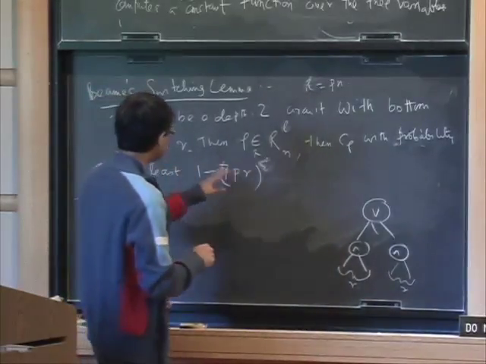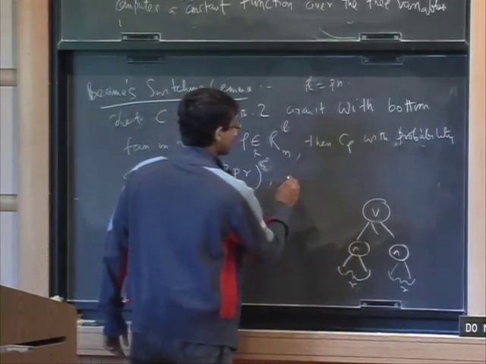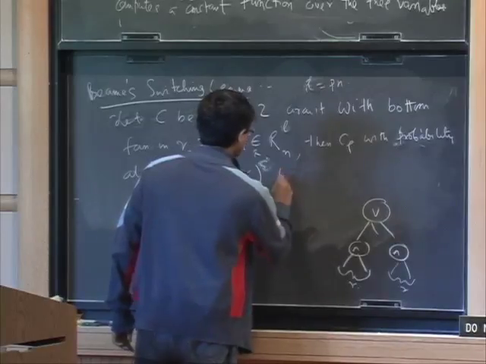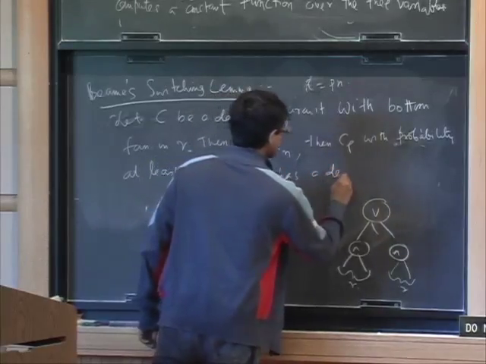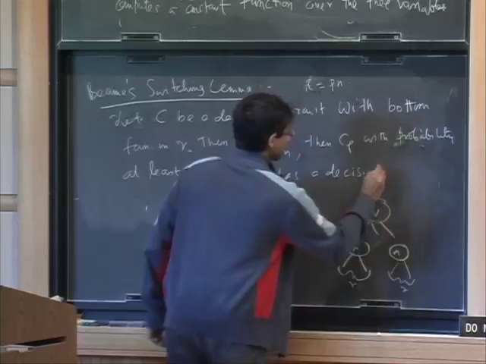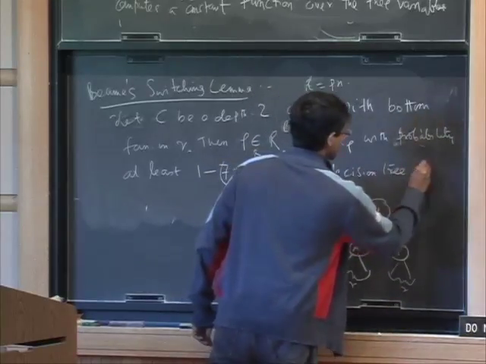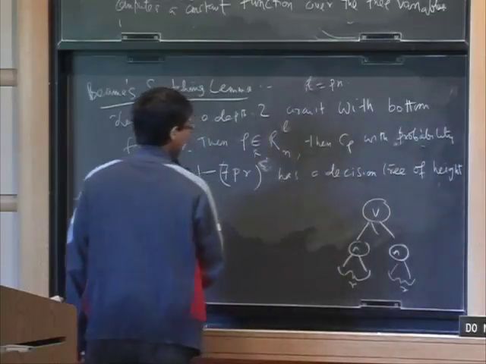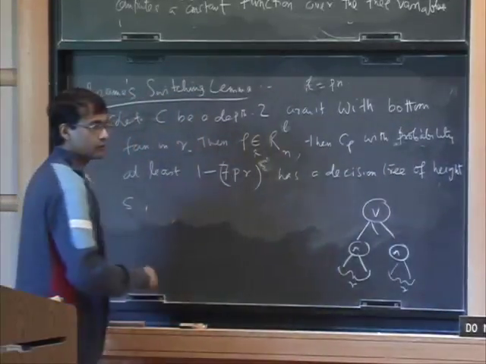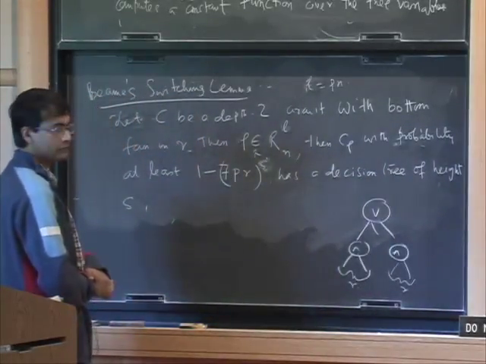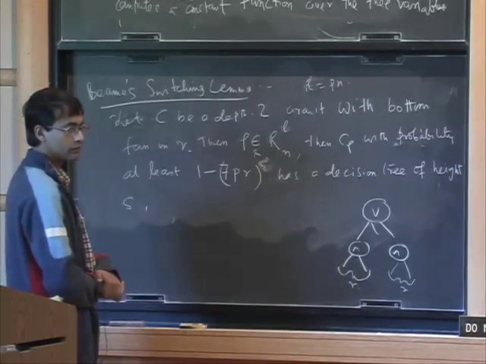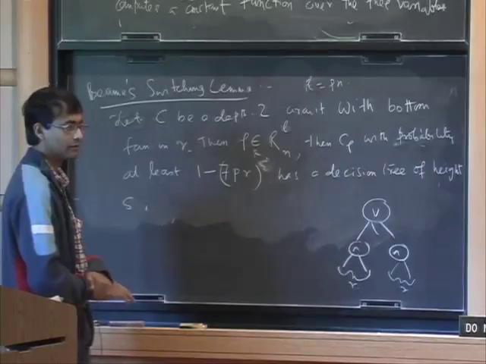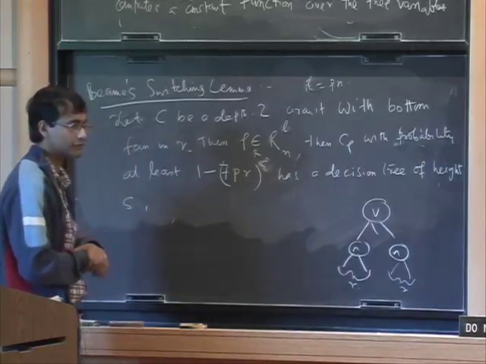So with probability at least this much, it has a decision tree of height S. That's really Razborov's switching lemma, which is explained very nicely in Beame's survey. Right, this appears in the survey, so it's Razborov's.